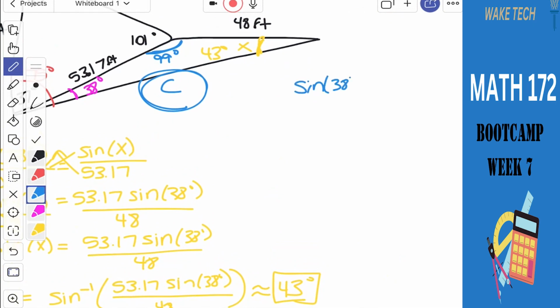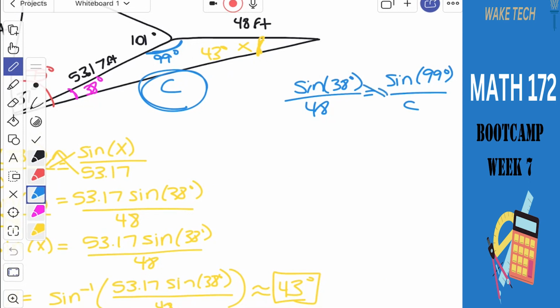Sine 38 degrees over 48 equals sine 99 over C. But we could not find C until we knew the angle across from it, which meant we needed to find X first.